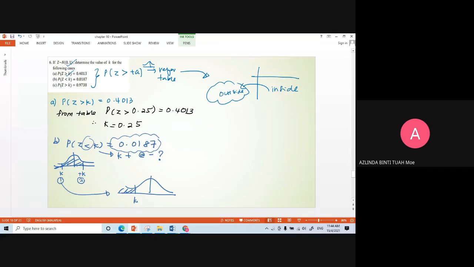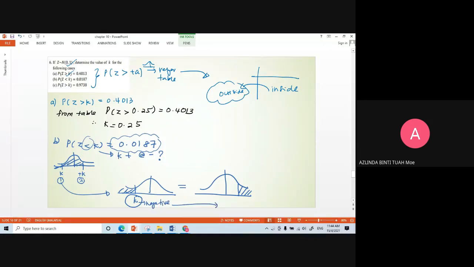Okay. So, bell shape dia berbentuk begini sekarang. Kita kena convert dan reflect sahaja. Reflectkan ke kanan, barulah boleh dapatkan daripada table. K ni memang negatif value.